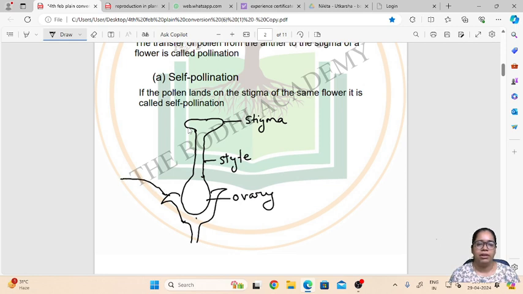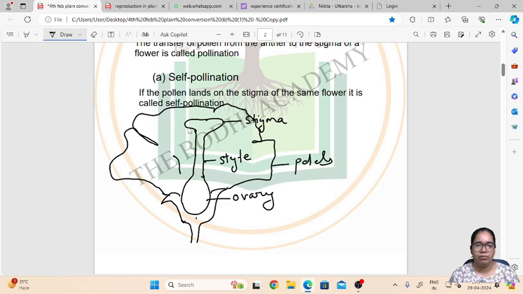Then come the petals, these are the petals, and let me draw the male reproductive part, that is the stamen.